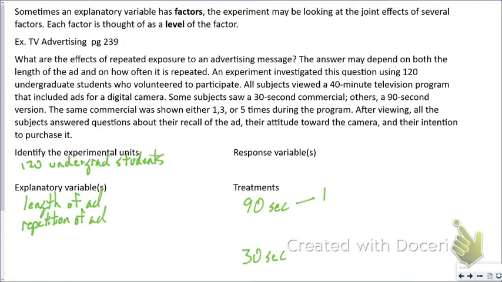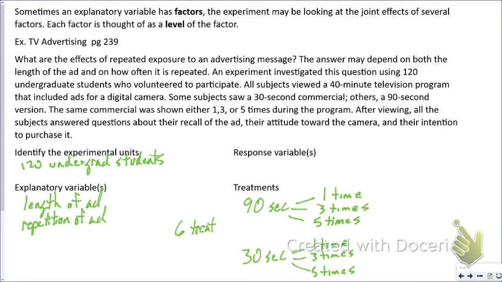So 1 time, 3 times, I think in all classes, and this 3rd time, I'm writing it differently, but as long as your reader can figure out what all 6 treatments are. Maybe over here, write 6 treatments. And I think that's pretty clear.